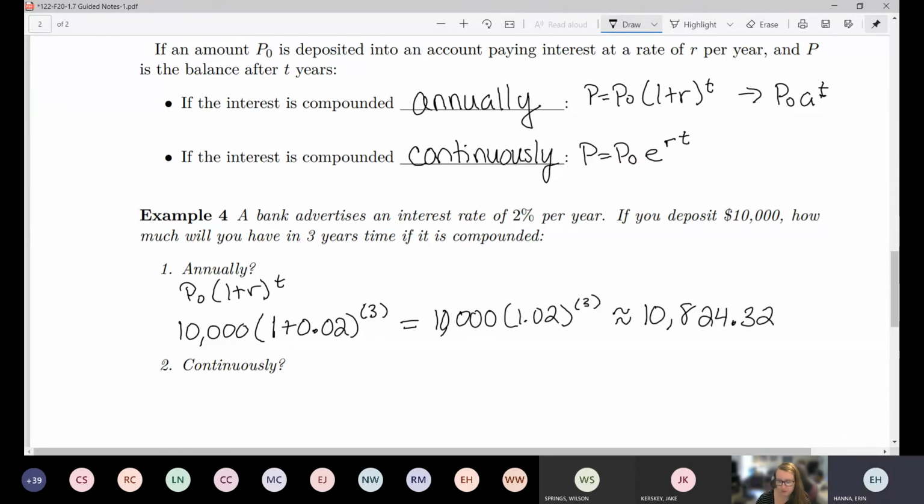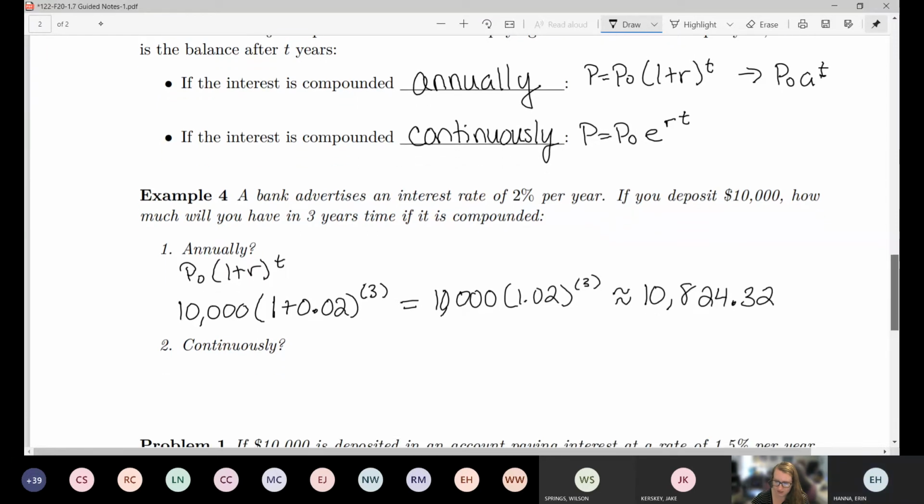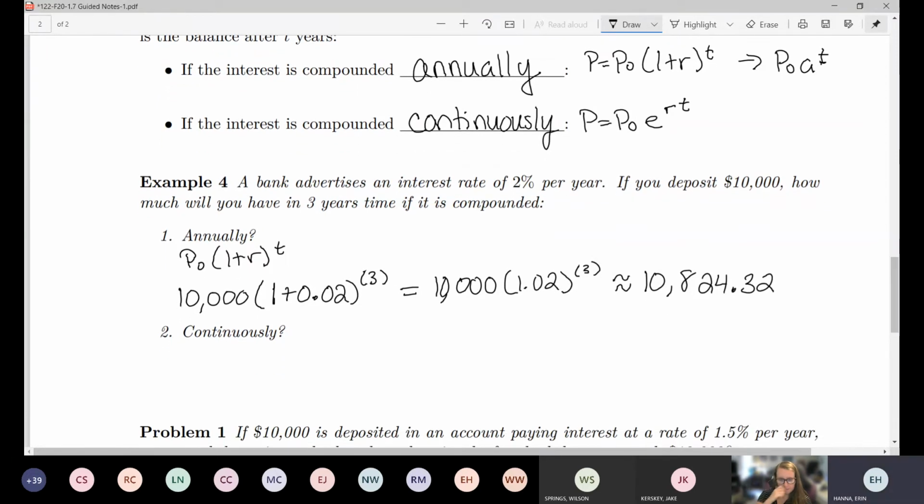Hopefully that worked. Usually it works, so I'm going to assume it did. Just tell me if it didn't. And then if we want to look at it continuously, then we're in the P naught e to the RT form. So P naught again is 10,000.